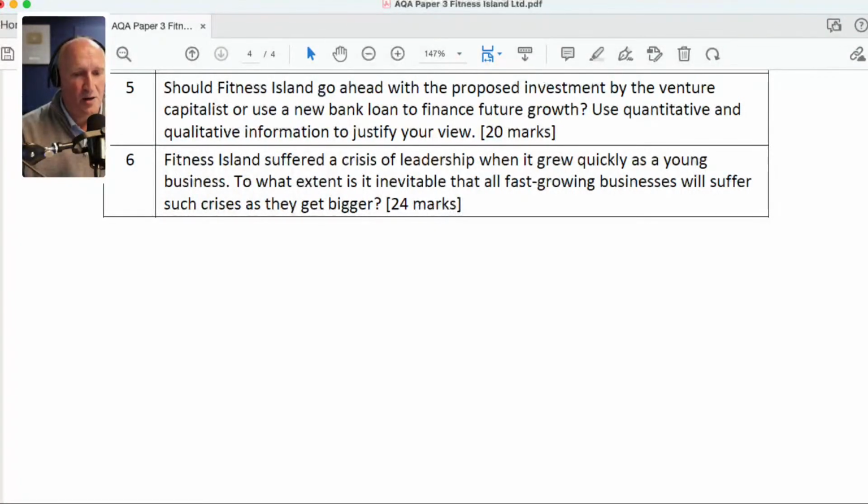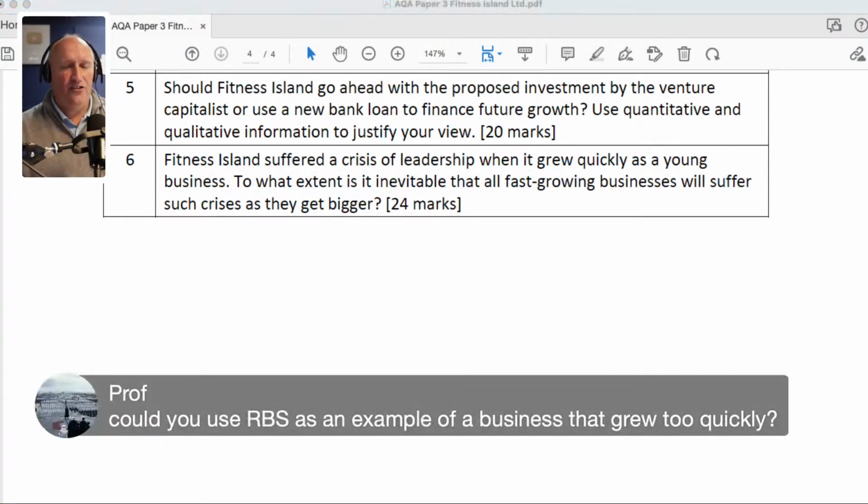So just picking up a couple of examples coming into the live chat in this one. So thanks for adding those in. RBS is a great example, actually. RBS is a great example of where new leadership suddenly created a crisis. Fred Goodwin, Sir Fred the Shred, as he was known, very aggressive, not so much in his personality, but in his strategic approach.